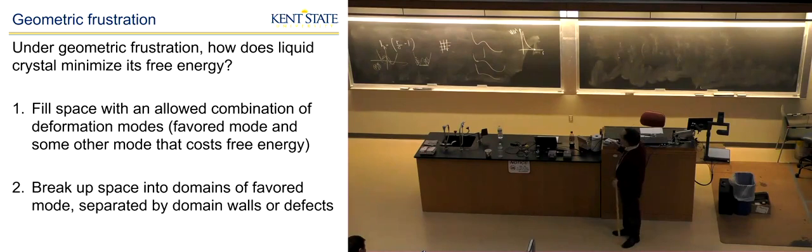Alternatively, it can break up space into domains of the favored mode, which are separated by some kind of defects, places where the liquid crystal is greatly disrupted away from its ideal structure. Both of these things can actually happen. Let me show you.